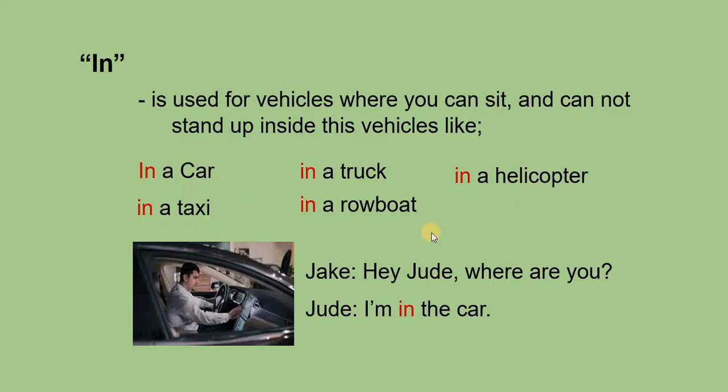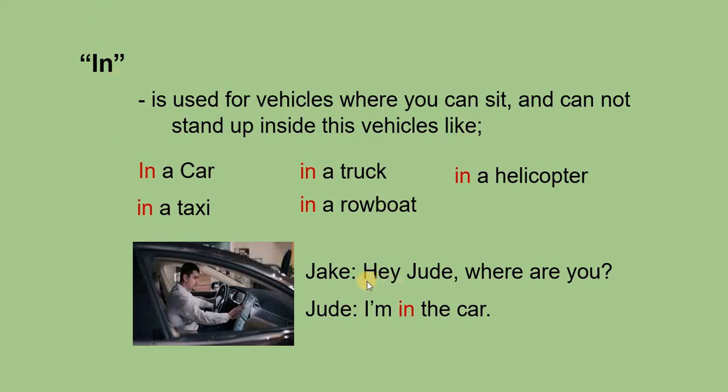As you can see, guys, you cannot stand in these vehicles, right? Especially when they are in motion. So, the vehicles that you can sit inside, you will end up using the preposition in.